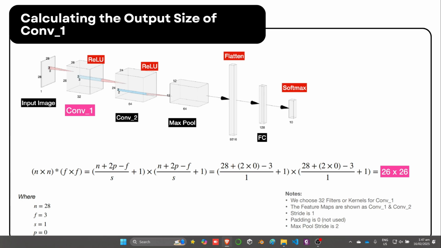So 3 is the filter size. How do we get 26 in the end? It's 28 minus 3, which is 25, over 1, plus 1, which is 26. So that's how we get to 26 by 26.